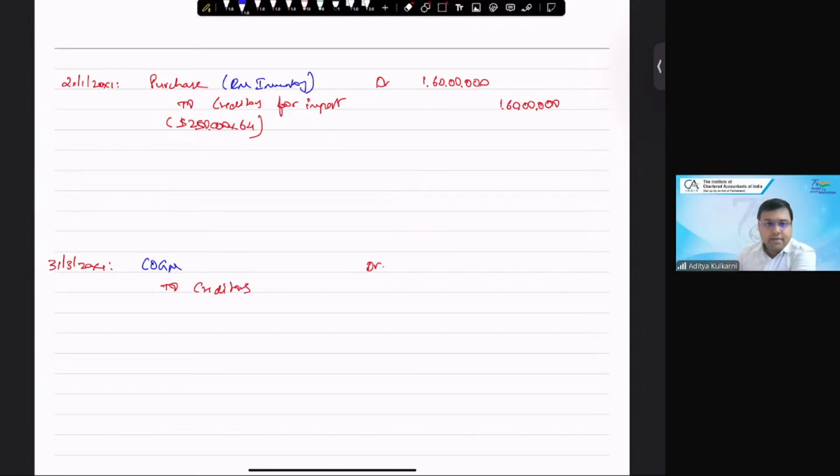Then what happens is you issue it for production. When you issue it for production and you are manufacturing the FG, what you will have is cost of goods manufactured debit to raw material inventory. So the cost hits your P&L when the FG is manufactured and you have closed the production order.